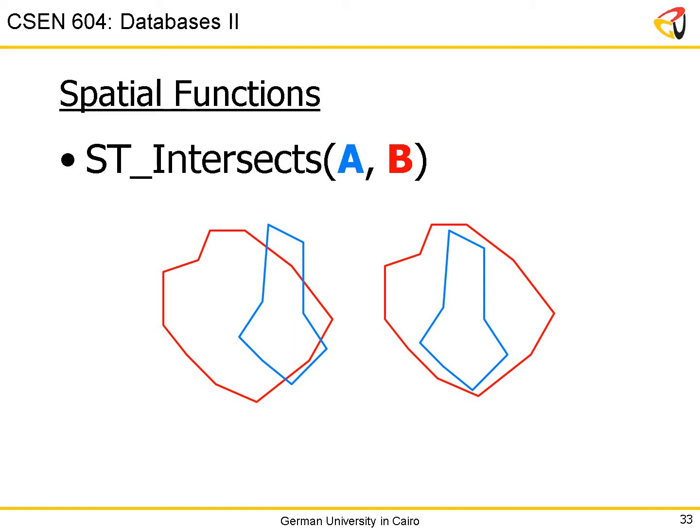This could be land usages, or different buildings in the city intersecting with empty lands, where A represents buildings and B represents empty lands. The point is you have two polygons, and you would like to test if they intersect or not. The figure on the left will return true, because the red and the blue polygons intersect, and in the figure on the right they don't intersect, so it will return false.